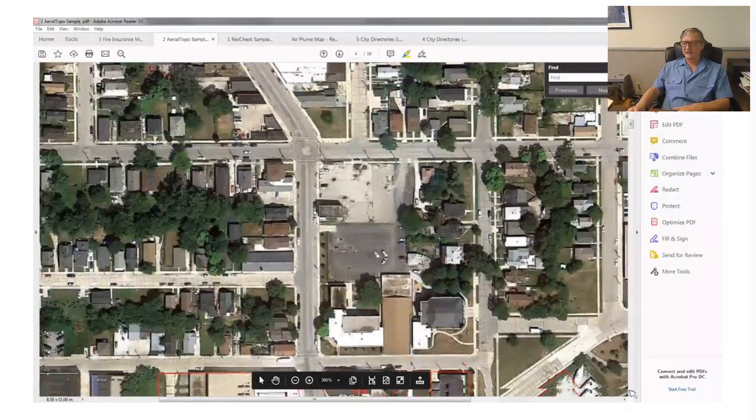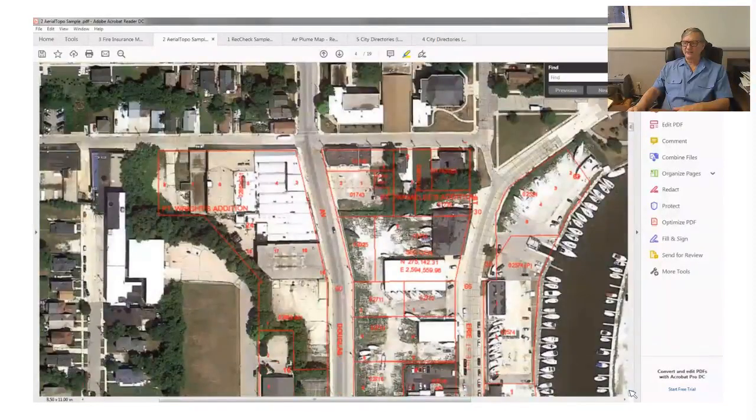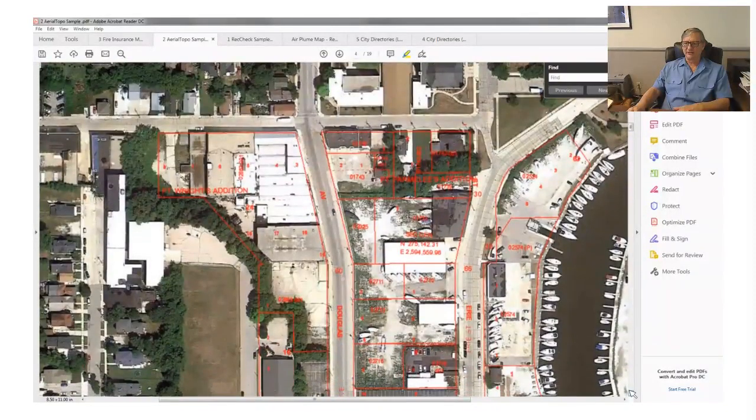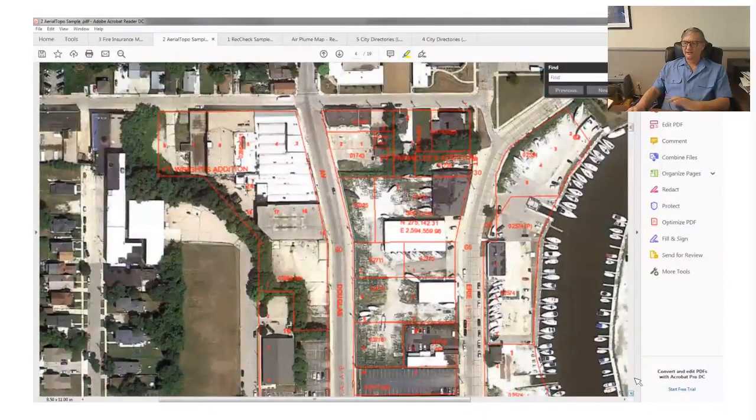And this one's just as interesting as that first aerial photo. So first of all, what are we seeing? We're still seeing that it's a boat yard. Seems like it's still a marina. And we don't really see a lot of changes.